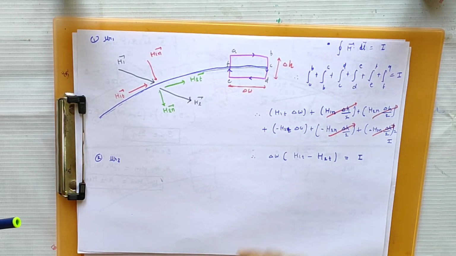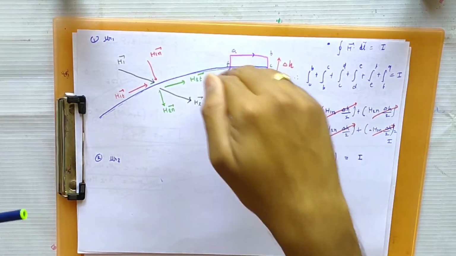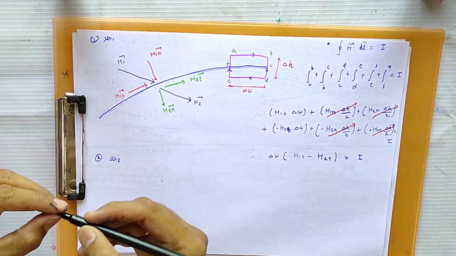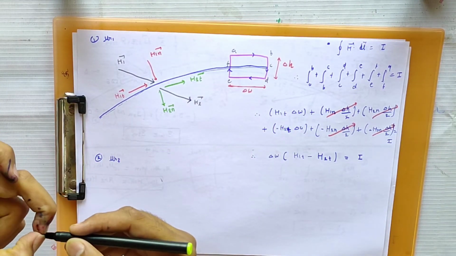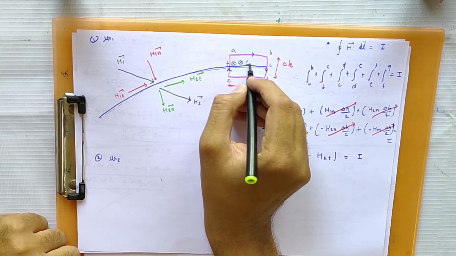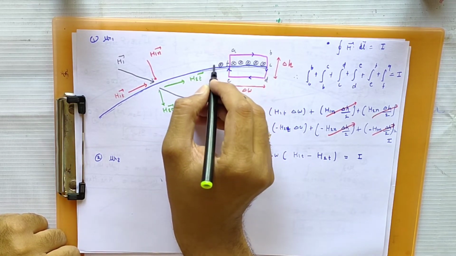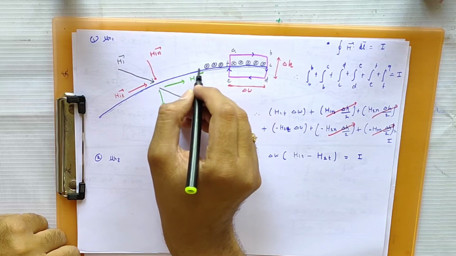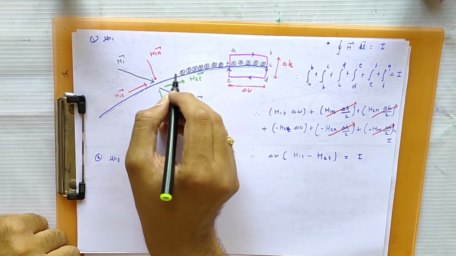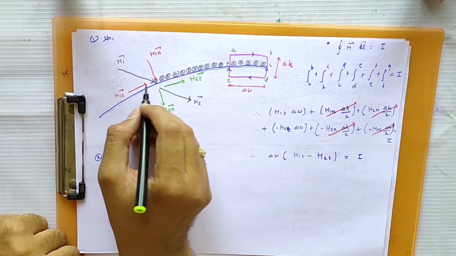So we have to consider that the current flows inside the page through the surface. Actually this is the direction of the current. So this cross indicates the current flows inside the page through the surface. The current flows through the surface, but the direction is inside the page.